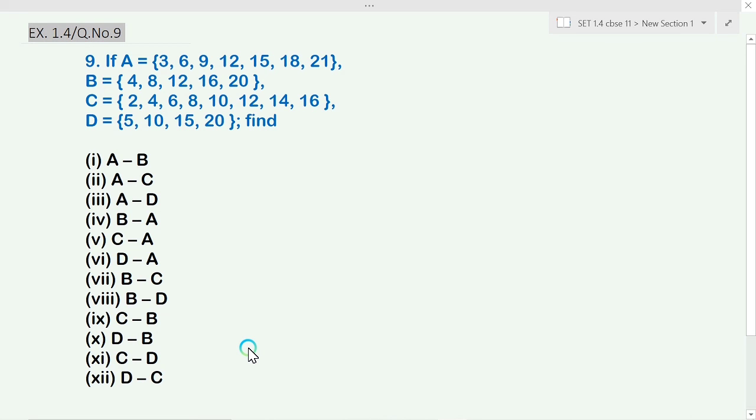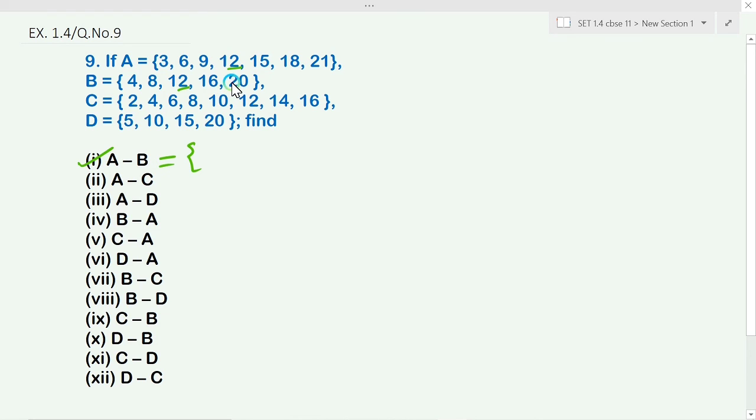Now question number 9. You have to find all these sets. Question number 1, A minus B. First you have to find the common elements between A and B. The common element between A and B is 12, and there is no other common element.